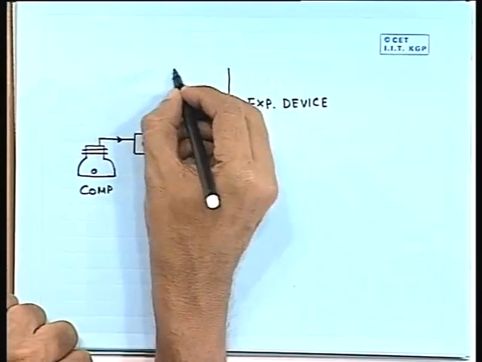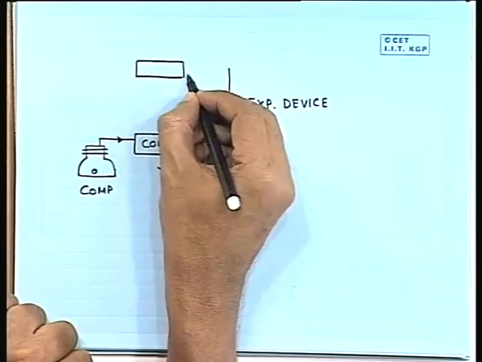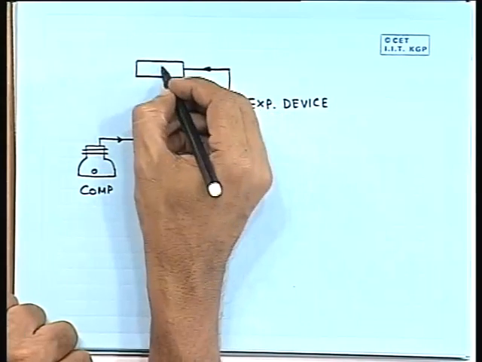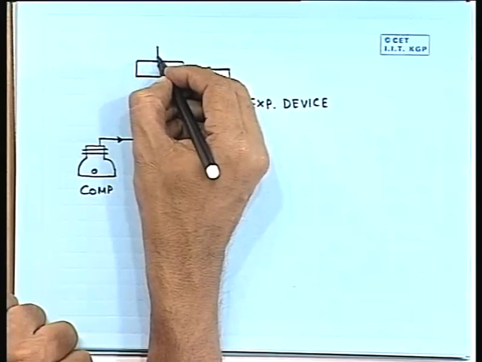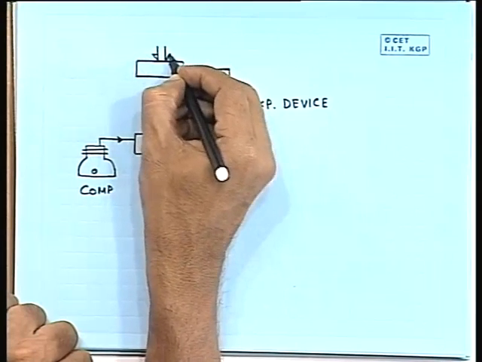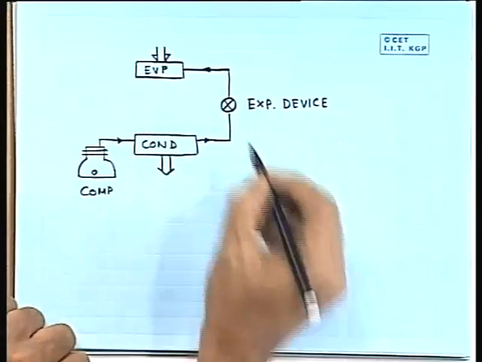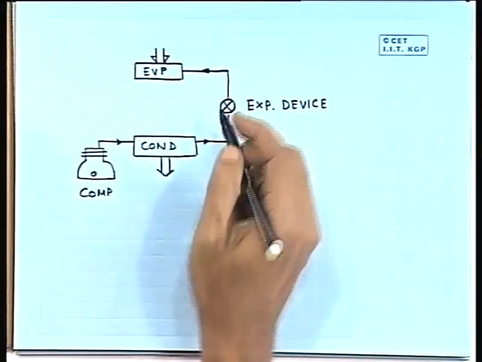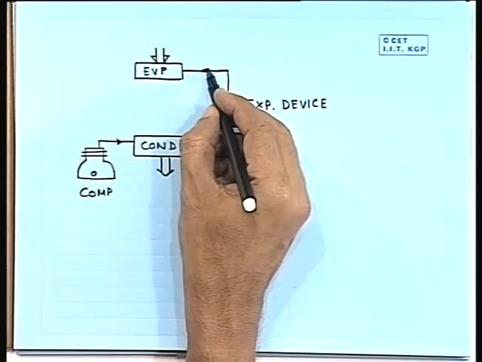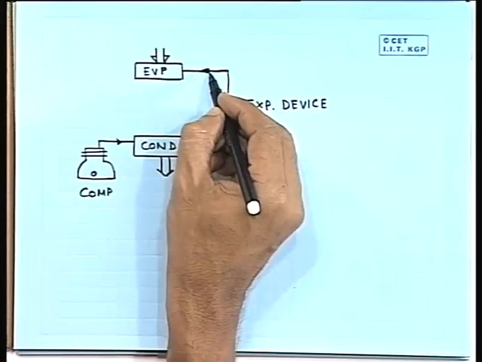After that it will go to the evaporator. The evaporator is the component where the cooling effect is produced. It will absorb heat. After the expansion device, the pressure of the refrigerant falls and it is at low temperature in the evaporator, and it is also in the liquid condition.